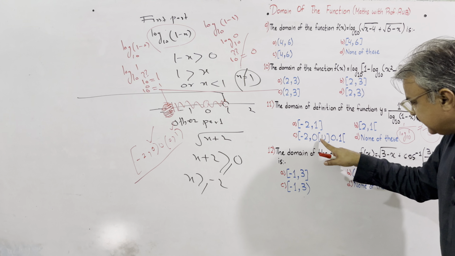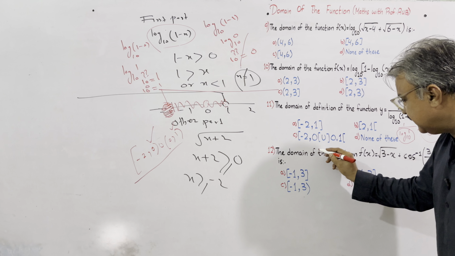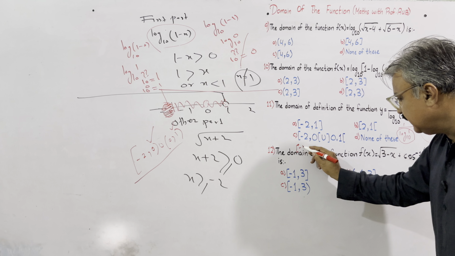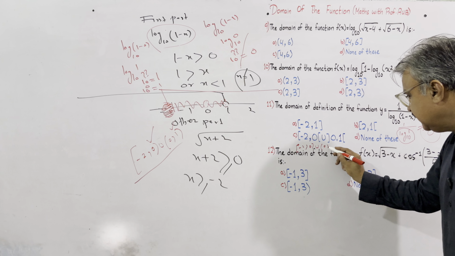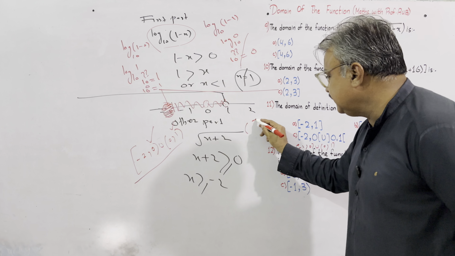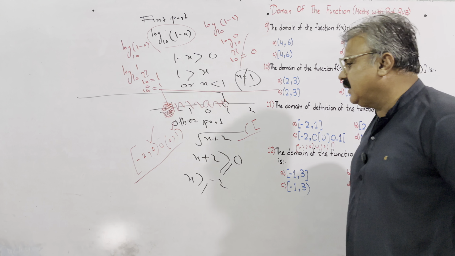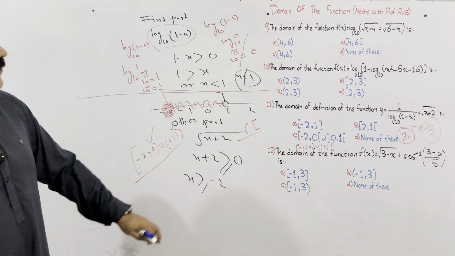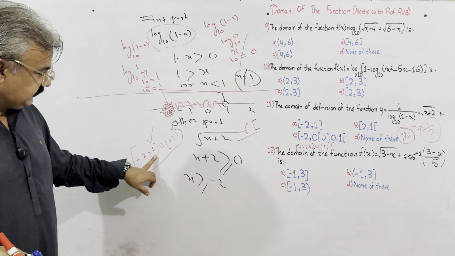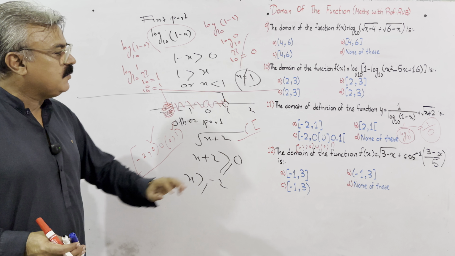Either write a parenthesis or a small bracket, they both qualify for open. So the domain of this overall function that comprises two parts is minus 2 including, excluding 0, and all the portion between 0 and 1, excluding 0 as well as 1.